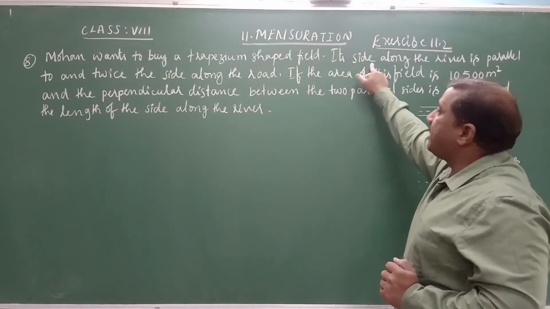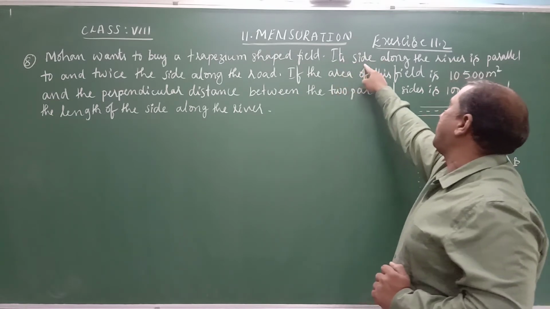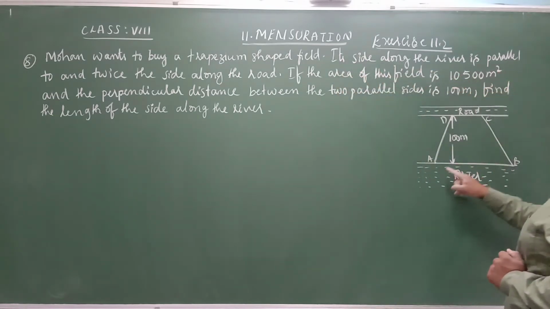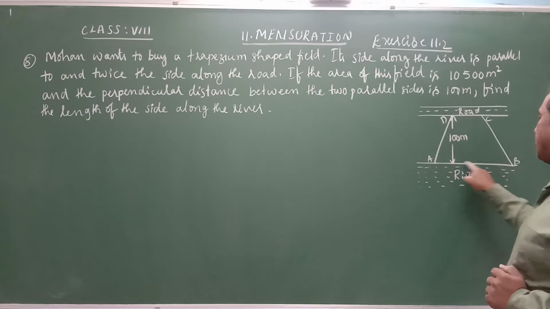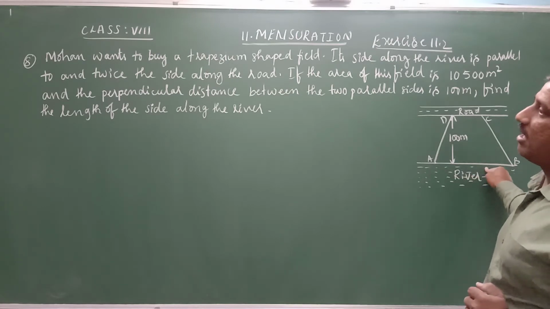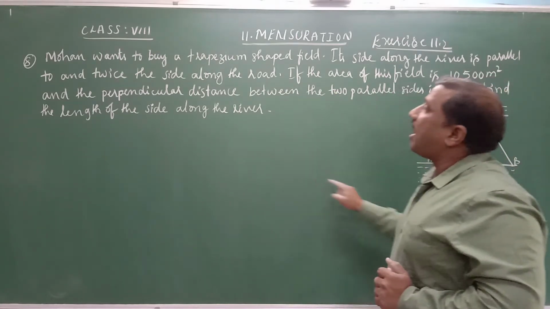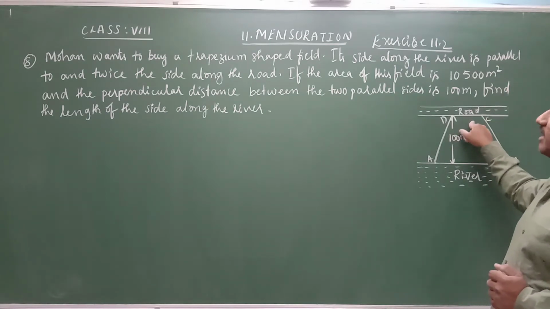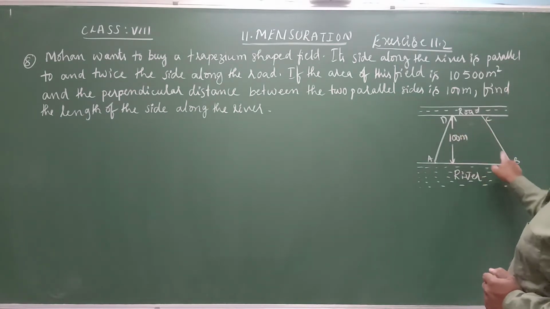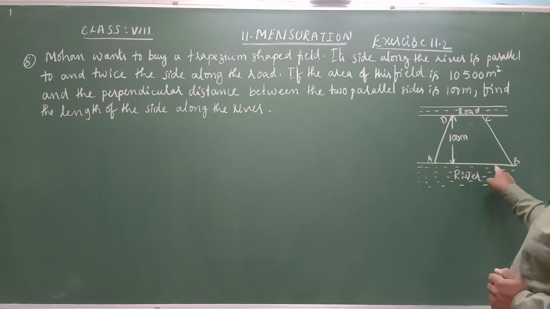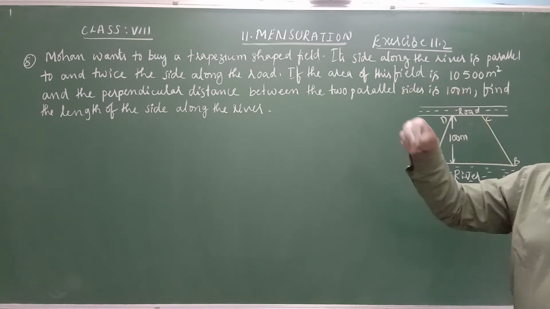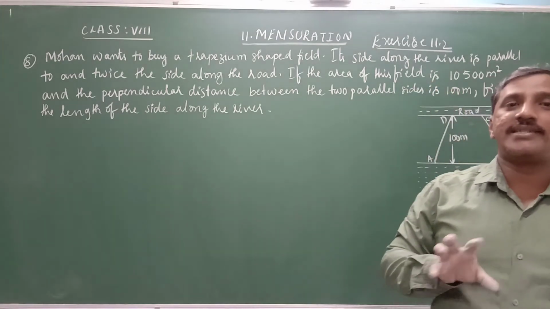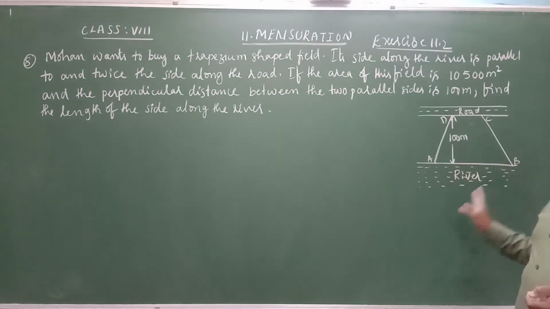The side along the river, that is AB, is parallel to and twice the side along the road. Here AB is parallel to CD, and AB is 2 times the length of CD, or CD is half the length of AB.